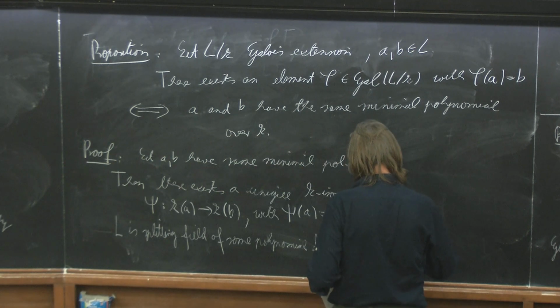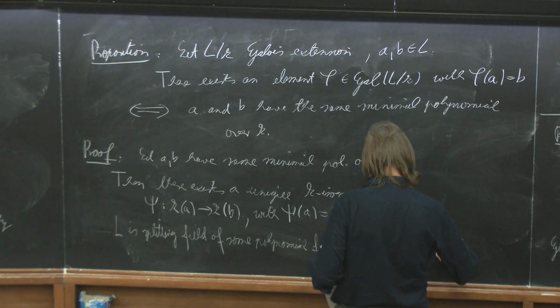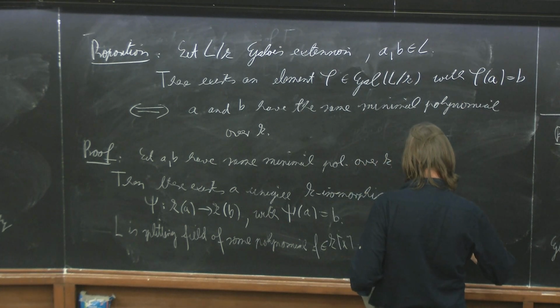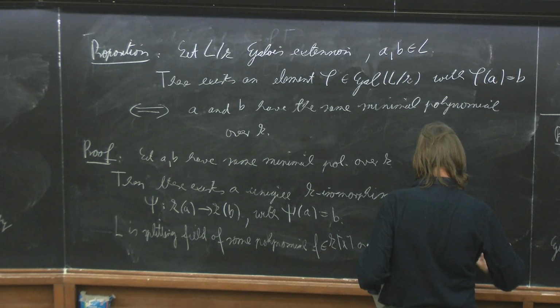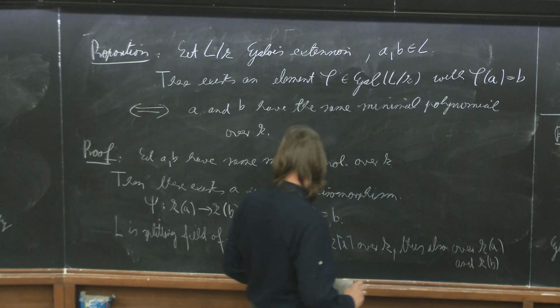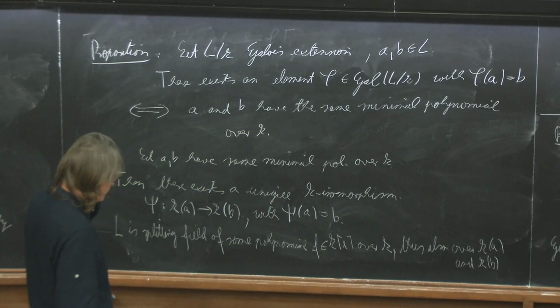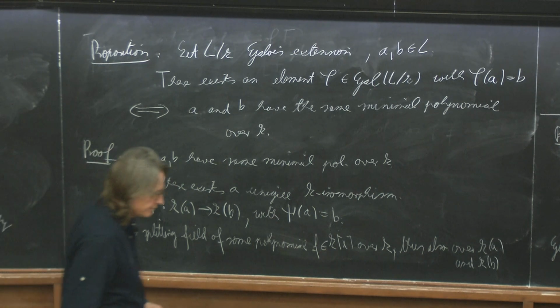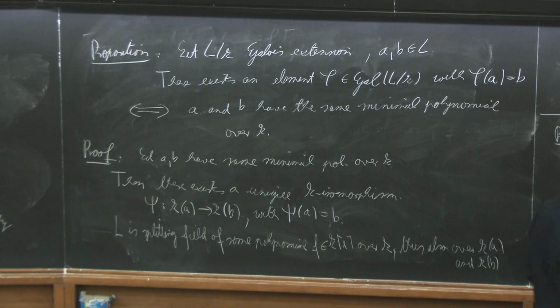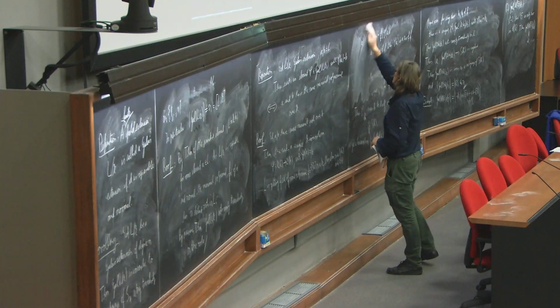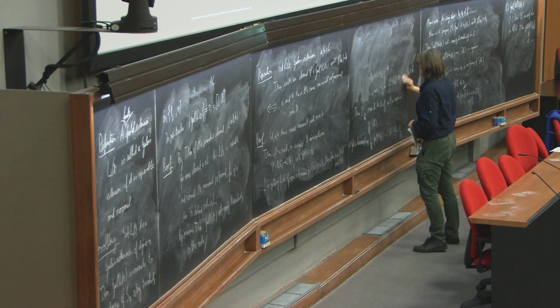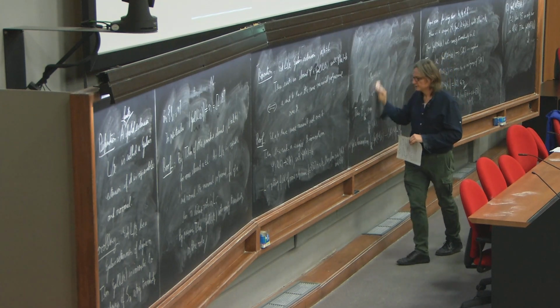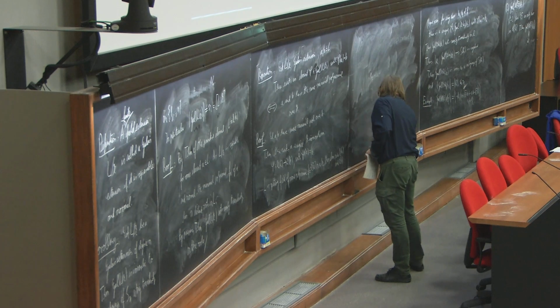So thus L is also the splitting field of f over K(a) and the splitting field of f over K(b). And then we can use the extension of field isomorphisms to splitting fields, which says that there is always an extension to the corresponding splitting field, which is L.